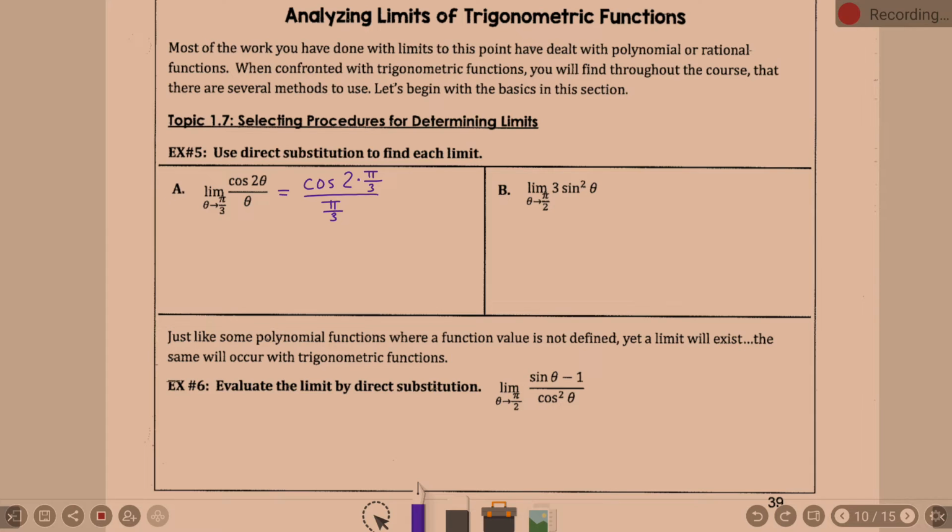So this becomes cosine of 2 pi over 3 divided by pi over 3, yes? Cosine of 2 pi over 3. Negative square root of 3 over 2, but negative.